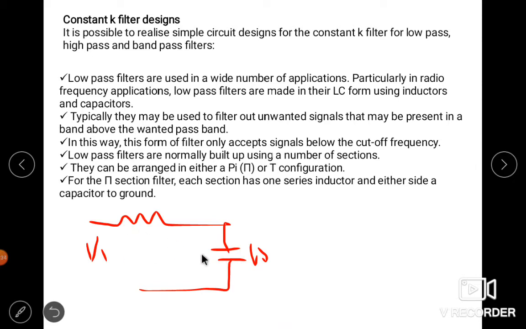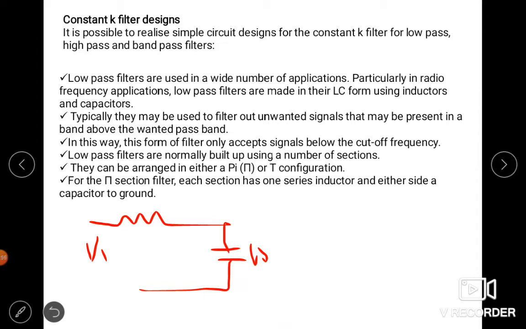If I change the position of the capacitor and inductor, then it becomes the high pass filter. So low pass filters are made using inductor and capacitor, particularly in radio frequency applications. These two circuits are particularly for radio frequency.